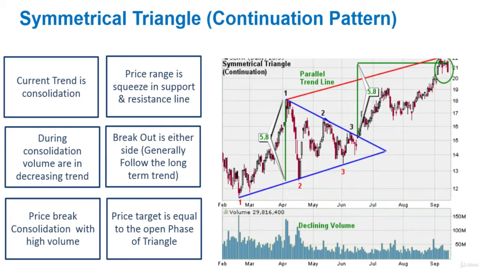Once the price is in contraction mode and breaks the upward trend line, which acts like a resistance line, this pattern is completed. Once the price breaks the upward resistance line, this point is considered a valid breakout.